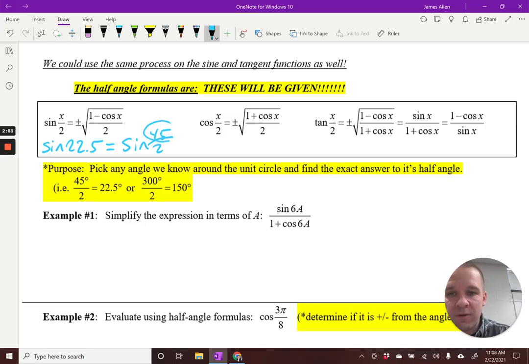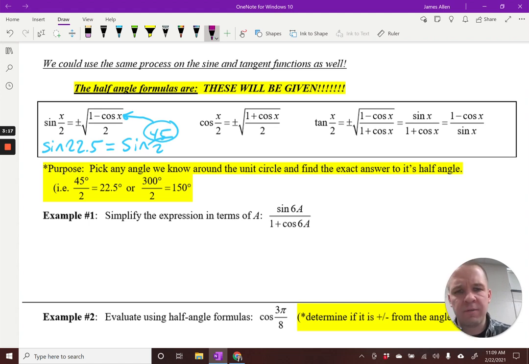And now this 45 is my x that's going into that formula, and I can evaluate cosine of 45. So I can now work with my nice trig values and work through the problem. It's going to be kind of messy, but it gives us a way to get exact answers from not so nice angle measures.